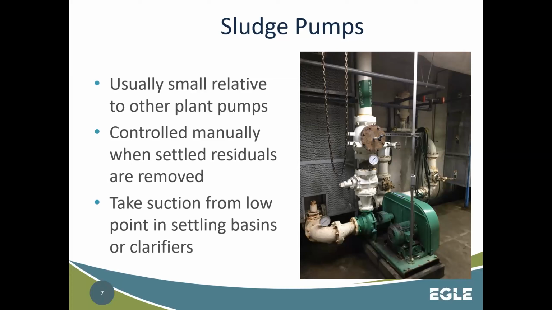These are controlled manually when these settled residuals in the clarifier are to be removed, right? Once they've settled out, that sludge is accumulated. We need to be able to take that sludge where it's settled, pump it out, and put it into a place of treatment for a later date. Like they said, they take suction from the low point in the settling basins or the clarifiers.